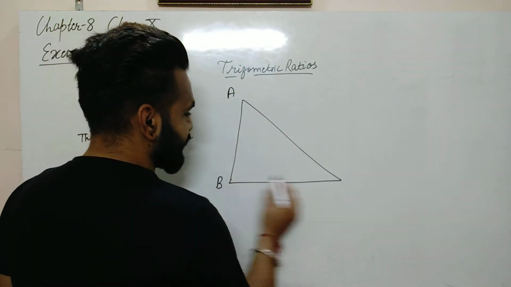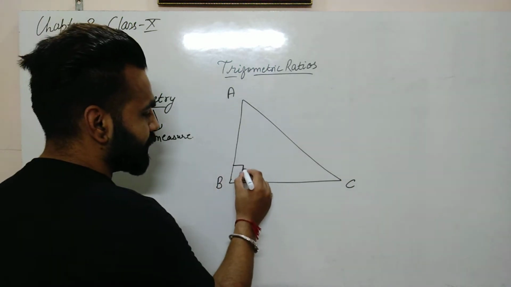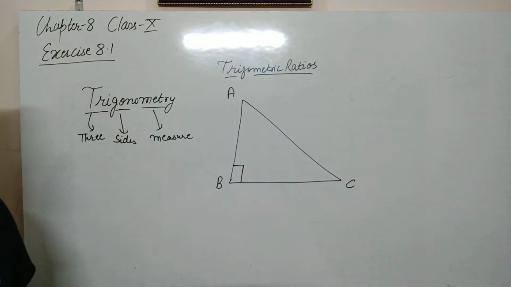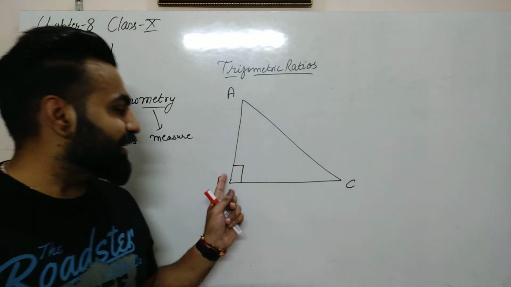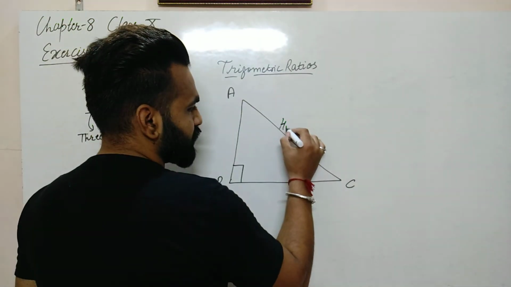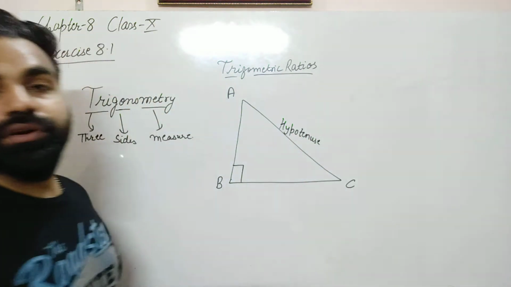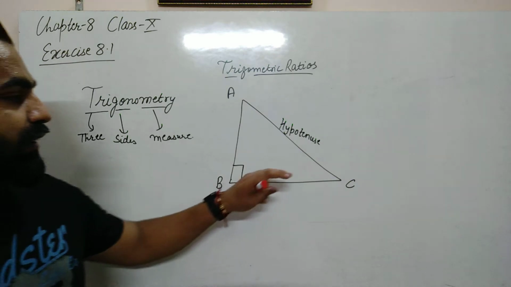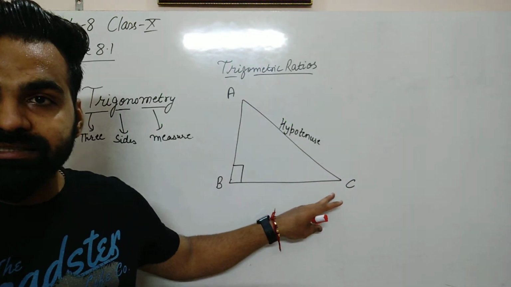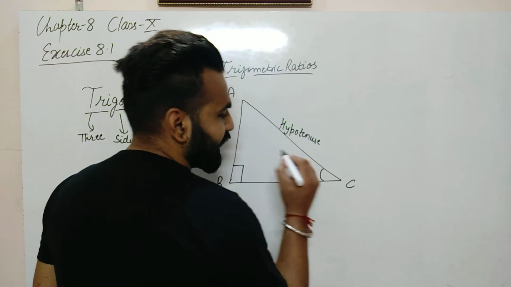Let us say this is triangle ABC and it is right angled at B. Clear? We know that the side opposite to the right angle is the hypotenuse. So this side AC will be the hypotenuse. If we are talking about angle C, then we will suppose that this is angle theta.